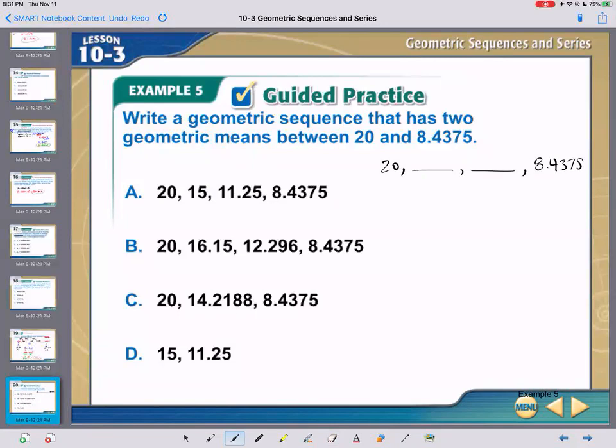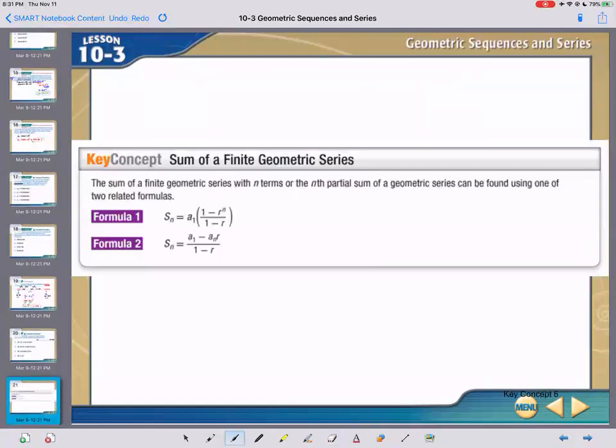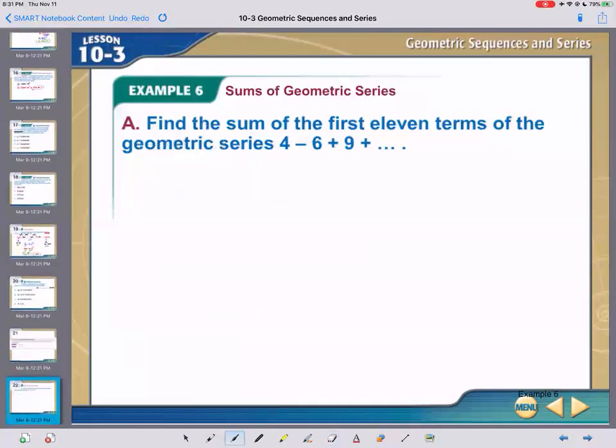All right, I'm going to continue on example 6 here. So finding a sum. They give some formulas here. I'm not going to actually use that formula. What I'm going to do is use the formula we've been using, the explicit formula, an equals a1 times r to the power of n minus 1.